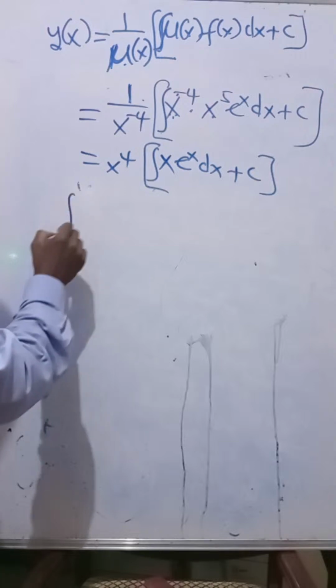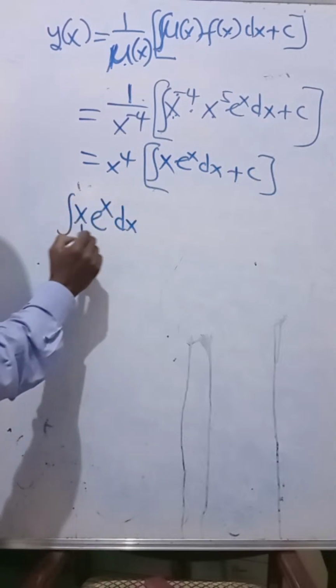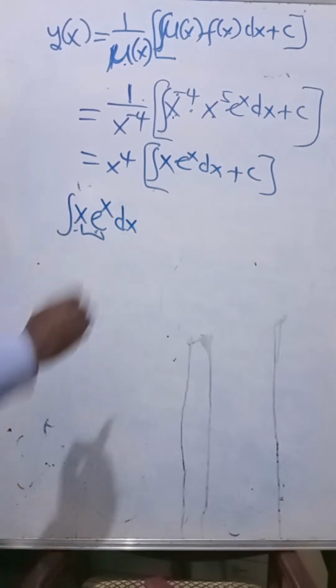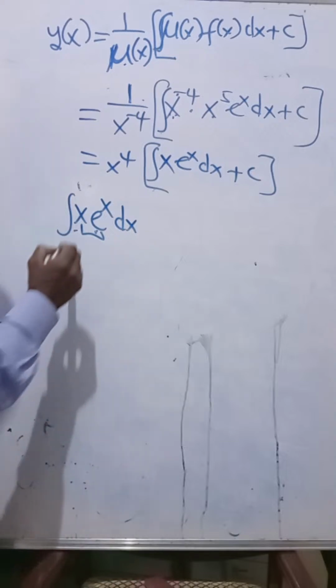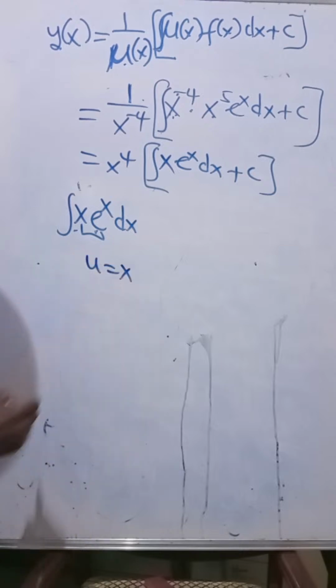check this one out. Let's get the integral of this one. This one involves a product of two functions, and that calls for integration by parts. Whereby we can make u to be x. Then the derivative of u with respect to x gives you 1, so du equals dx.